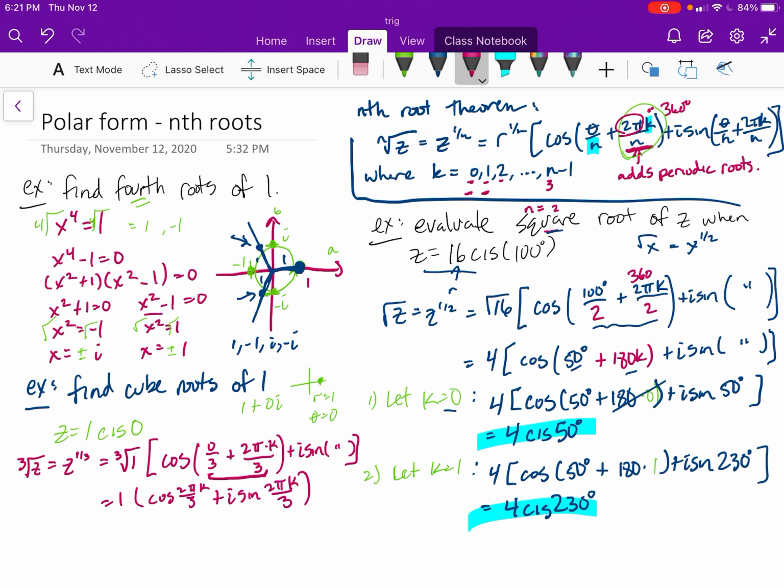All right, now we have 3 solutions. We need to let k equal 0. That's going to yield 1. Let k equal 1. That'll yield another. Let k equal 2. You always stop at 1 less than what root you're doing. Since we're doing cube root, I stop at k equals 2.